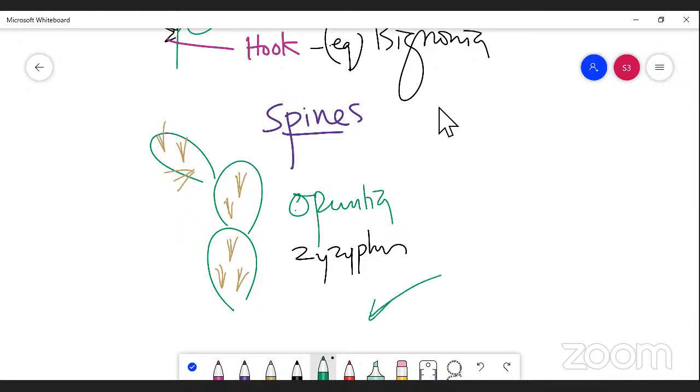This is a plant in which the leaves have spines at the margin. Here you see a number of spines at the end, right? Thorns and spines are there. Zizyphus jujuba, and one more example, Opuntia.